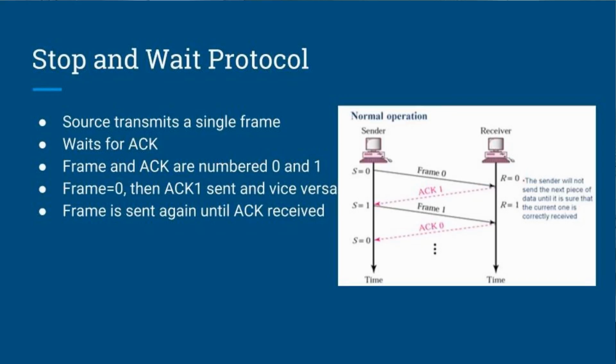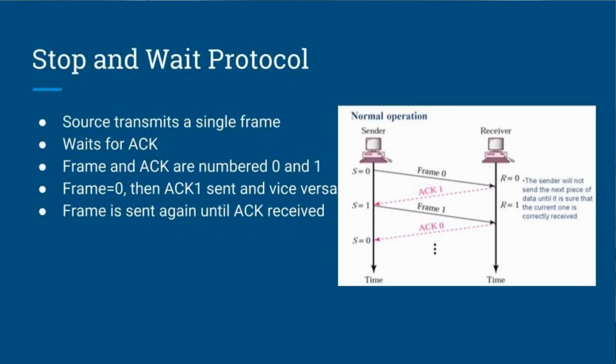Once it sends that 1 back, it'll know that it is okay to send the next frame, and that frame will go to 1, and the ACK, or acknowledgement, would have to be 0. This is how it knows that there are no errors detected. If, for example, a frame sent a 0 and an ACK sent a 0 as well, or it never received anything, that frame 0 will be sent again until it is received.